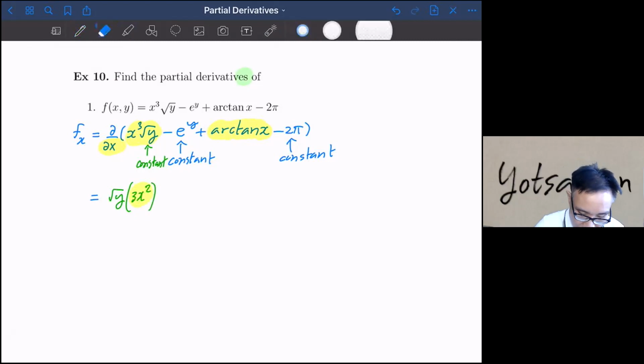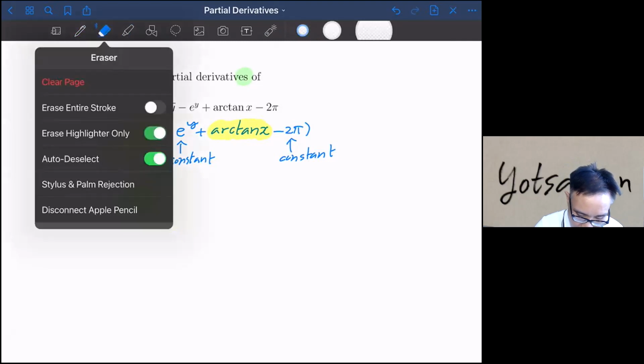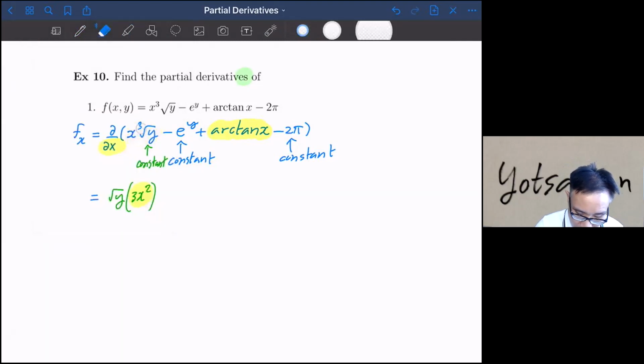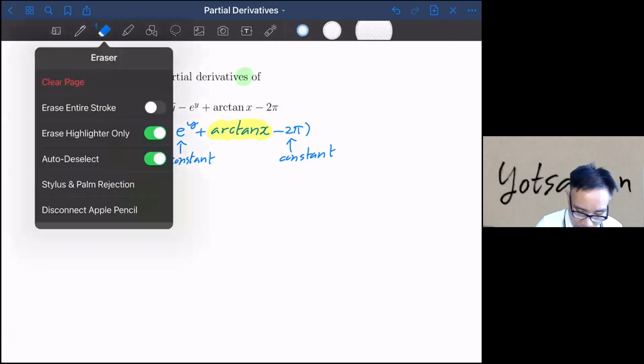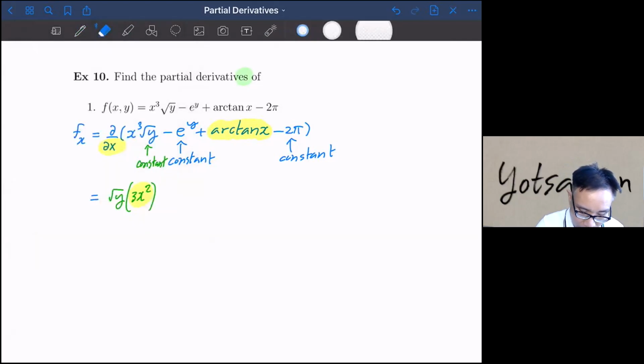Let me do it in a correct way. For this one, I'm going to highlight only x. So it's going to be just x cubed, and you see that I just pull out the square root of y, and I'm just going to differentiate, giving 3x squared.